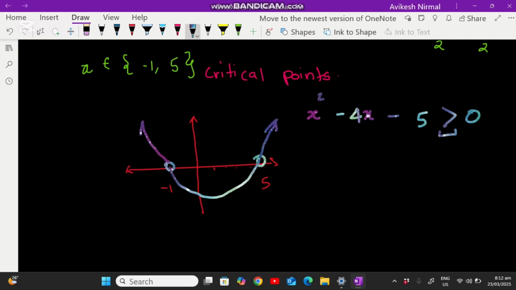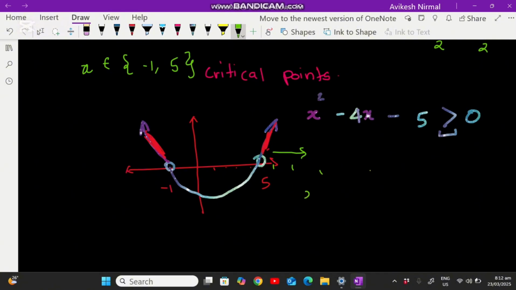Okay, and because this is greater than, I will shade these regions, which means another way to look at this, you can say that all the x values are greater than 5. So it can be 5, 6, 7, 8 and so on.